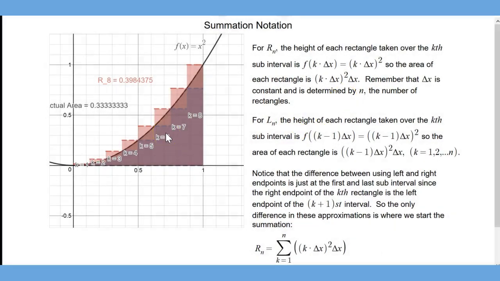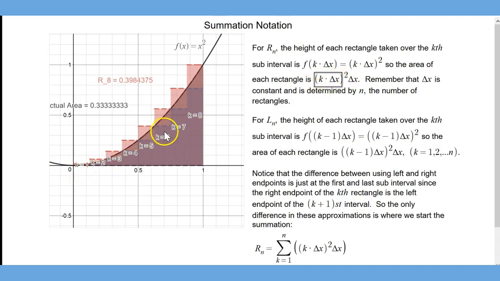So we're going to want to find summation notation to generalize all this. For the right hand endpoint estimation for this particular function, we're summing up this expression. So k is the number of the subinterval I'm on times delta x.